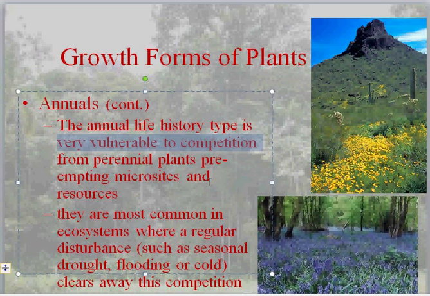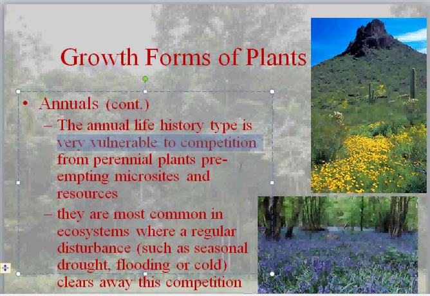So the annual life history is very vulnerable to competition, and they must run away from competition, or they must complete their life cycle and reproductive event before any competition arrives.